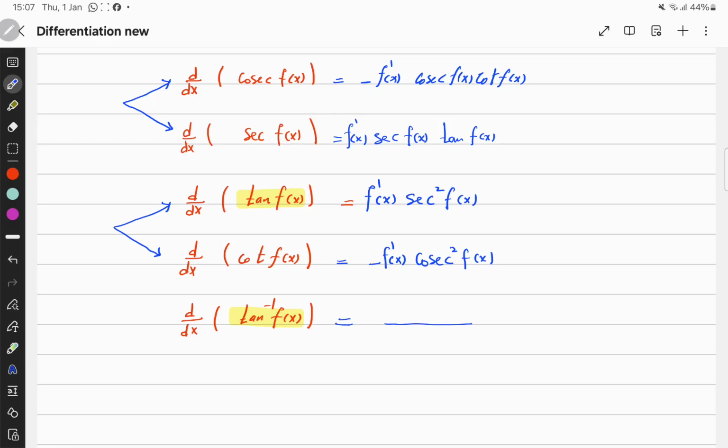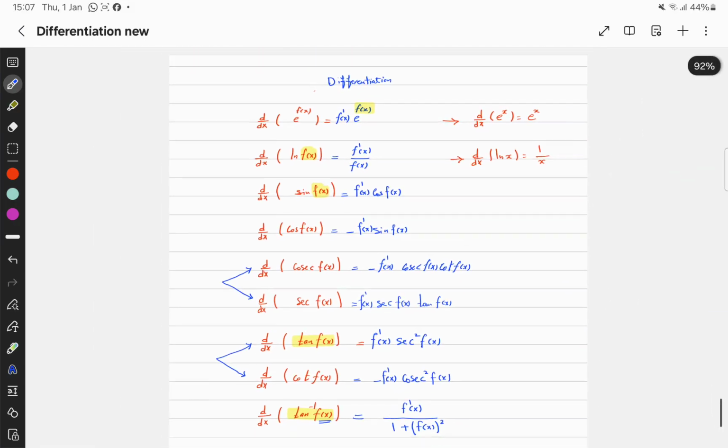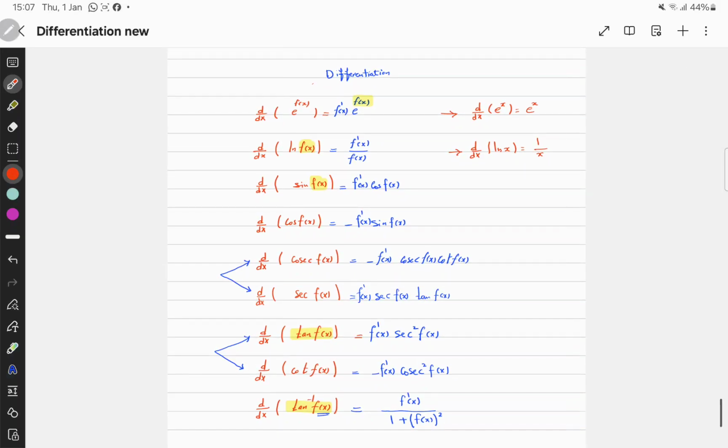We have a fraction line, down 1 plus that function f of x, all squared, and up the derivative of inside.